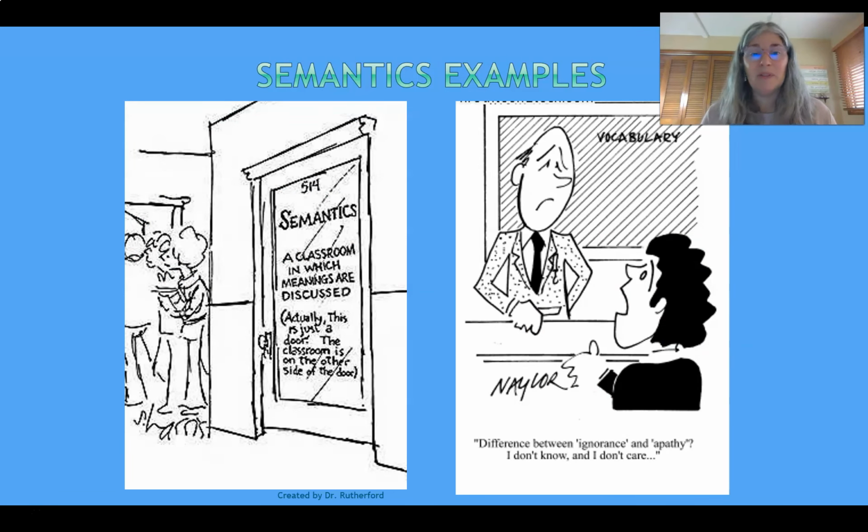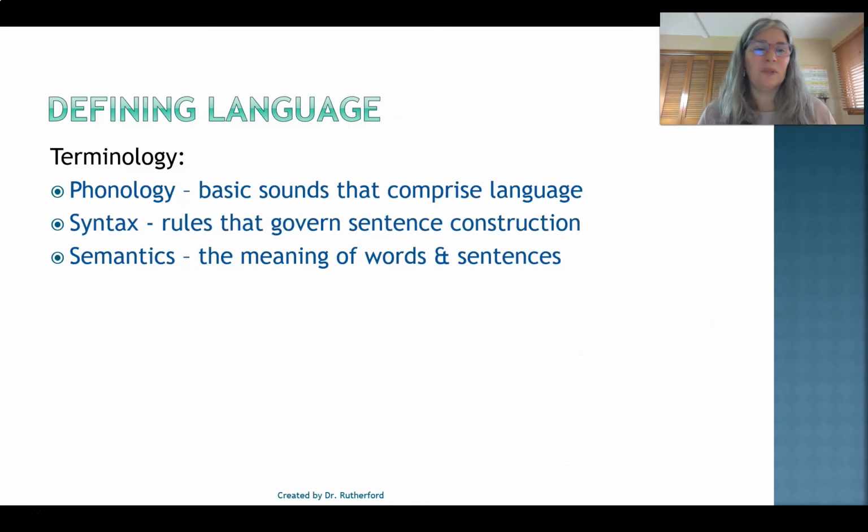So here are some examples of semantics. I'll just give you a second to look at these. I certainly like the one on ignorance and apathy. I don't know and I don't care. Certainly shows she understands what they mean.